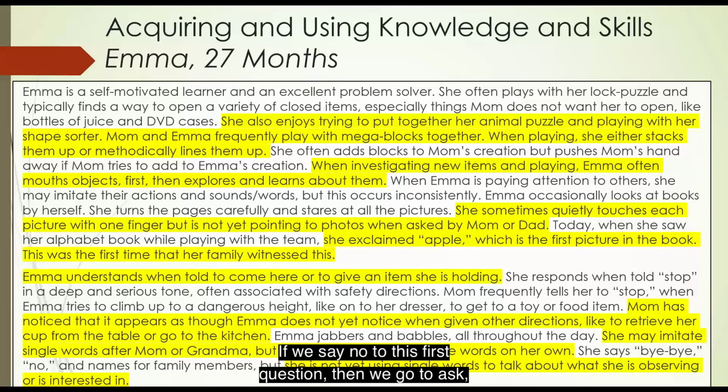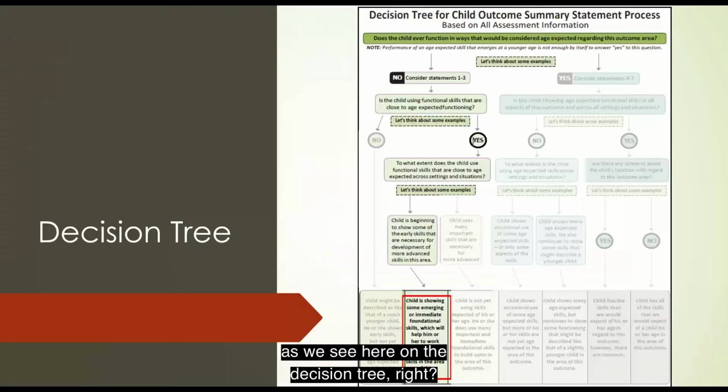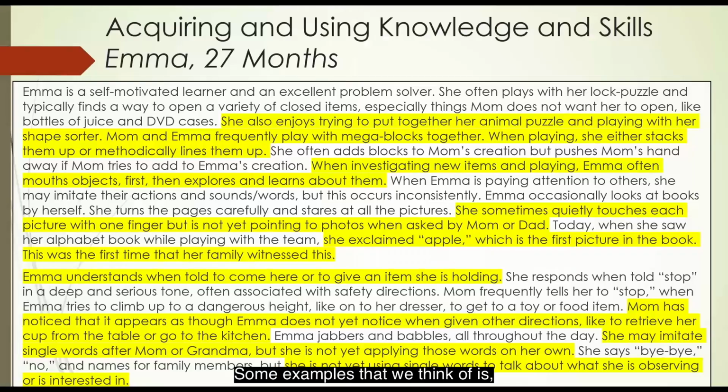If we say no to this first question, then we go to ask, is she functioning in skills that are close to age expected in any of these areas? Let's think of some examples as we see here on the decision tree, right? Some examples that we think of is, like we mentioned before, her book reading is a strength of hers.